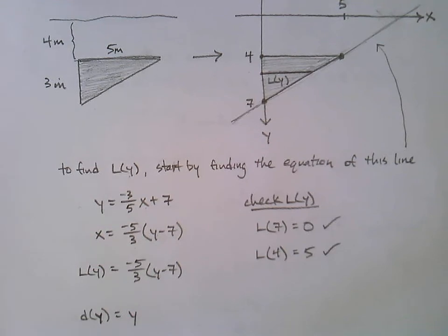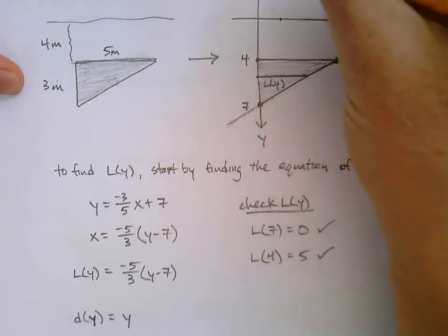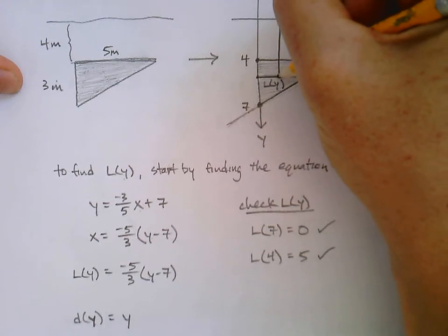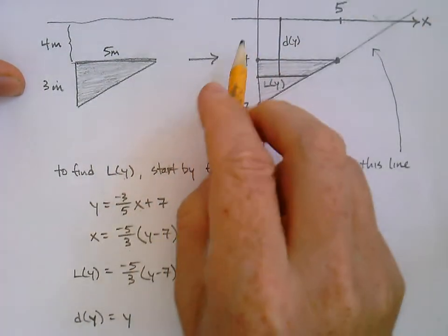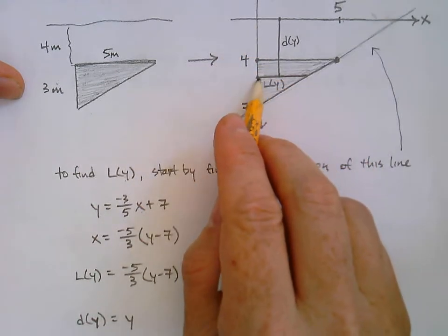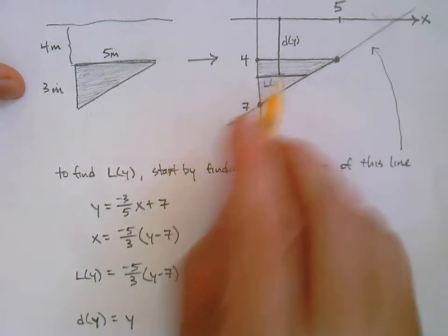D of y is simply y, the way we've set up our xy plane. If I was to draw D of y on our graph, there's D of y right there. It's the depth at that same length. So I want it to stop where I drew my line.